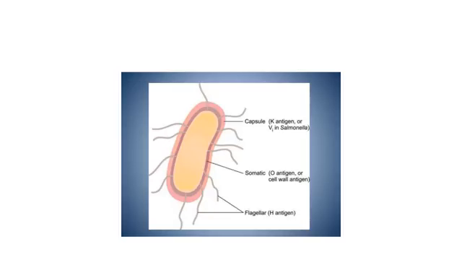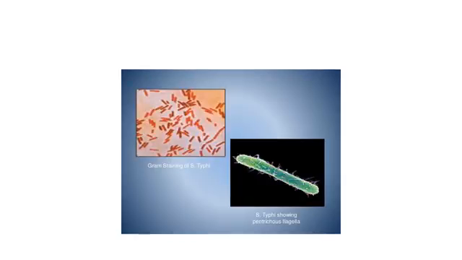It is covered by a capsule, which is a virulence factor for its survival, and its mutations in different parts, especially in capsular antigen, are very important for it to become drug resistant. So it looks like this under the microscope.